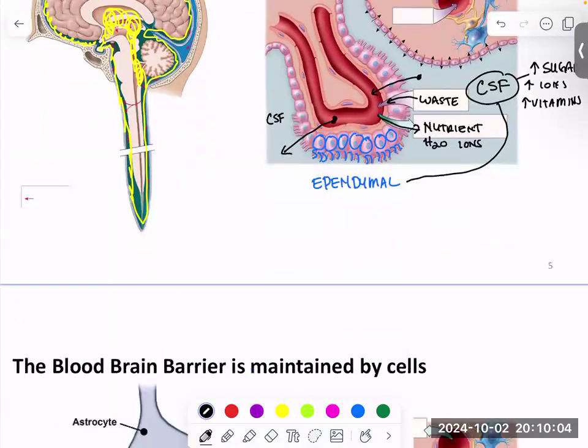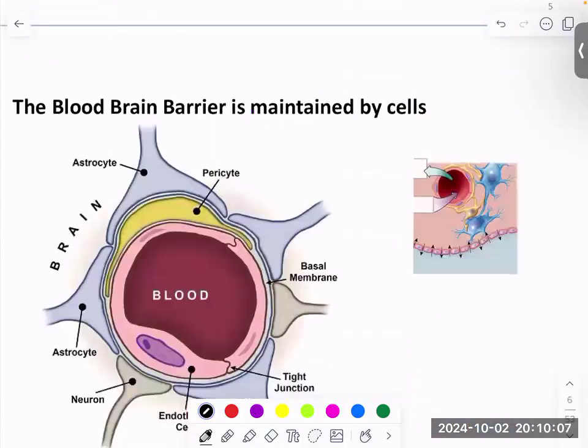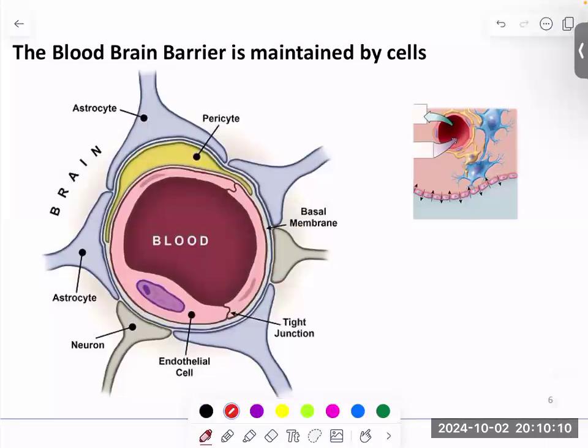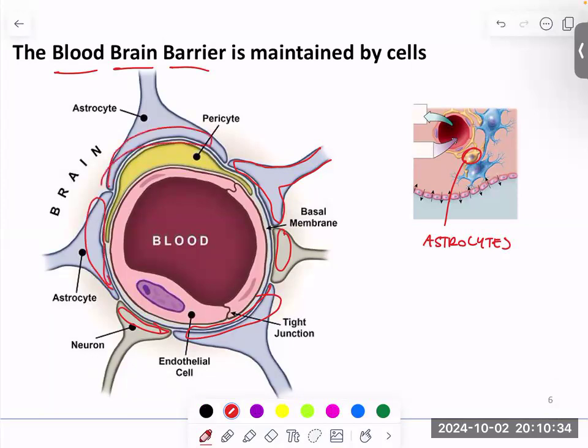In addition to that, we also have to recall that the brain has the blood-brain barrier, and it's created by these cells in yellow. The astrocytes. These cells will come down and they will surround the blood vessels. They make a barrier around the blood vessels. That whole area in red is a barrier created by those astrocytes.